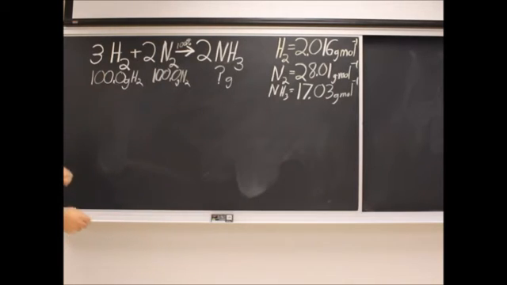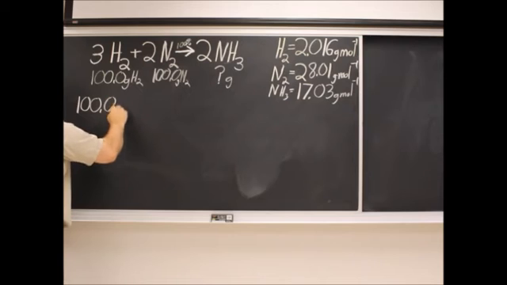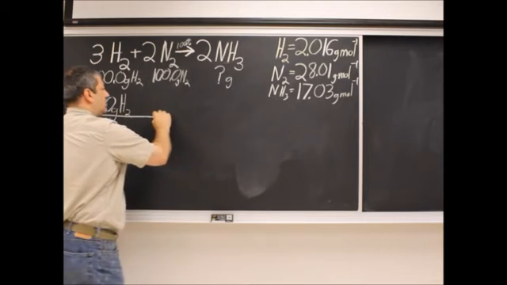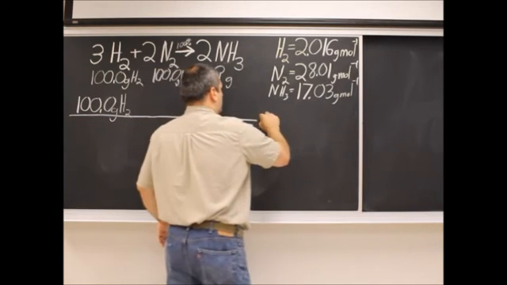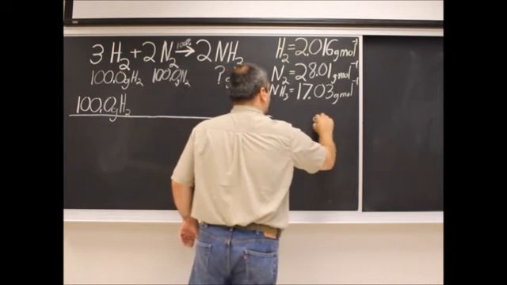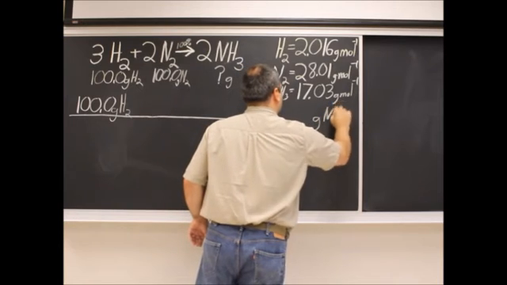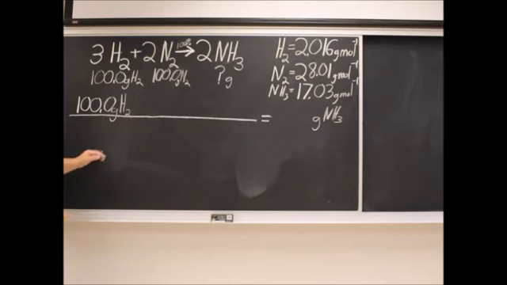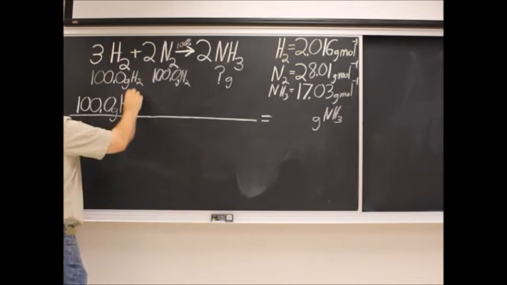It's 100% yield. So, 100 grams of hydrogen, diatomic hydrogen, H2. And what we want to know, how many grams of ammonia can I produce with that, assuming I have an excess of nitrogen?